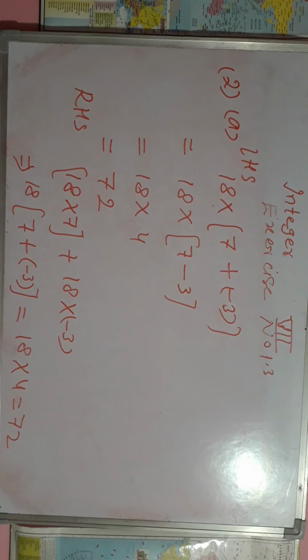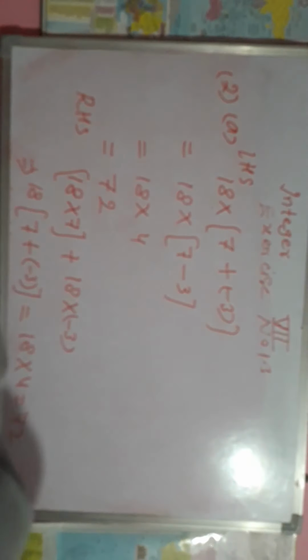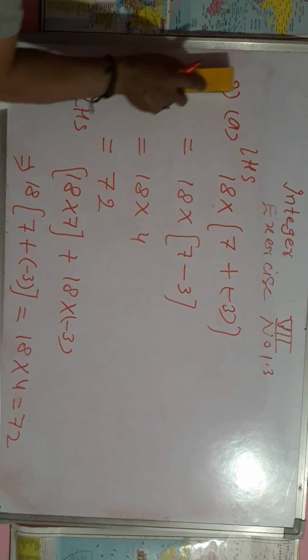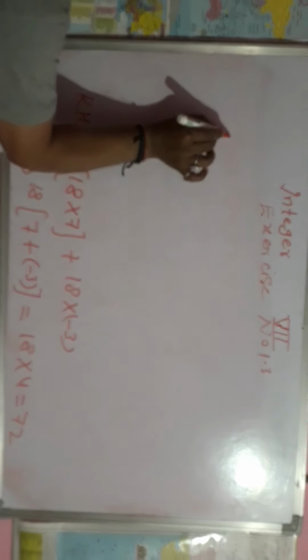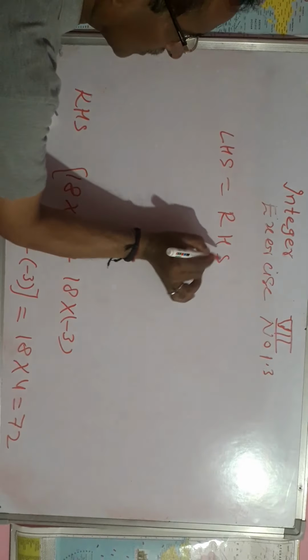Then we get both the sides, right hand side and left hand side, the same, both are equal. Hence we can write left hand side is equal to right hand side. LHS is equal to RHS, hence verified.